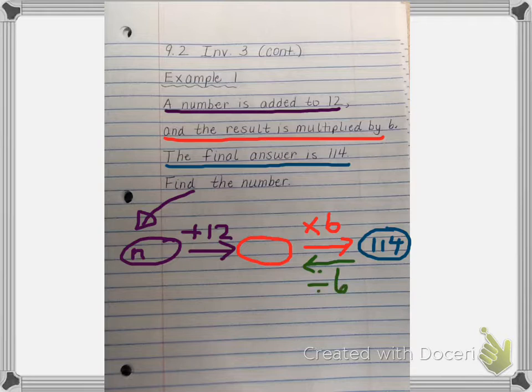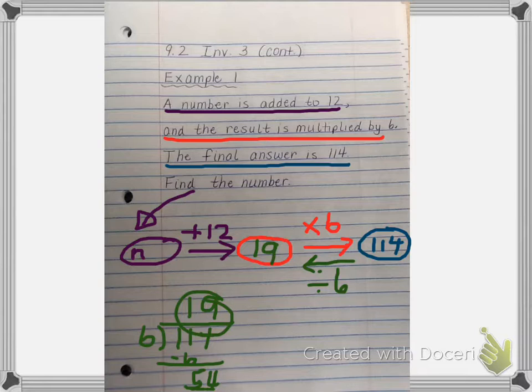This is a great time to show that work, not just mental math. So 114 divided by 6. And going in 9 times. And 9 times 6, I've run out of room on my screen, but of course 54 minus 54 is 0, so it looks like I will put my 19 in this circle.